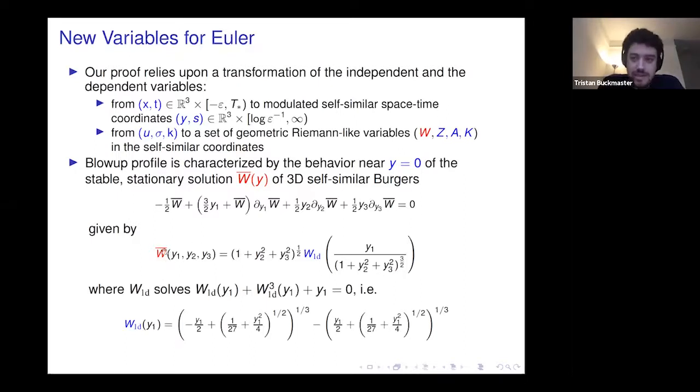If you write the velocity in terms of this self-similar scaling, then you end up with this equation here, 3D Burgers, and there's an exact self-similar solution to this equation. This solution shocks at a single point, and this is stable with regards to perturbations.